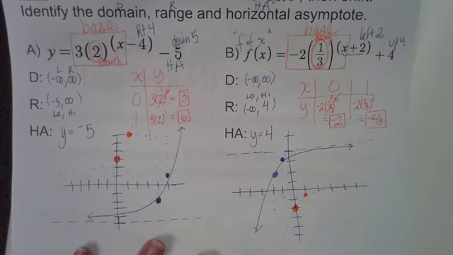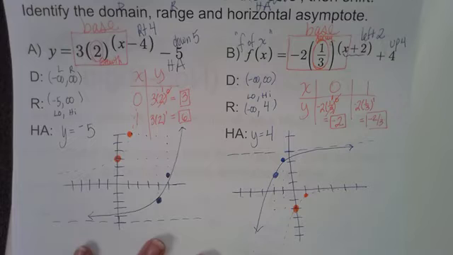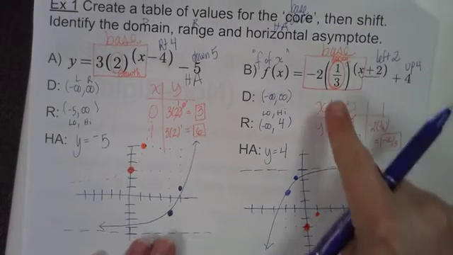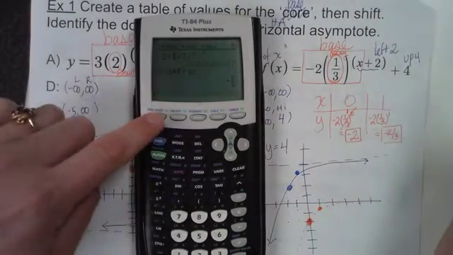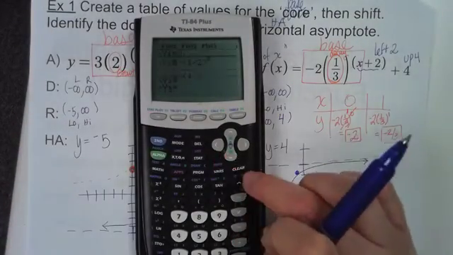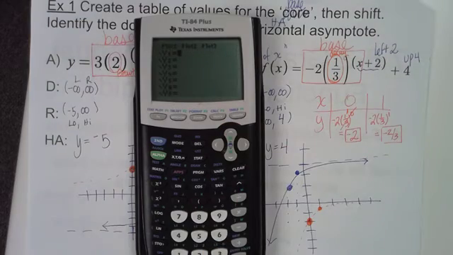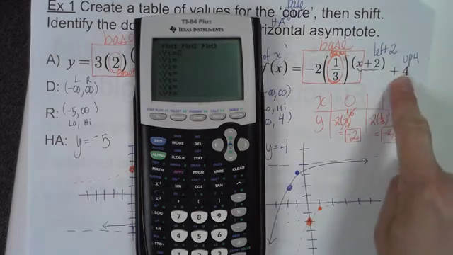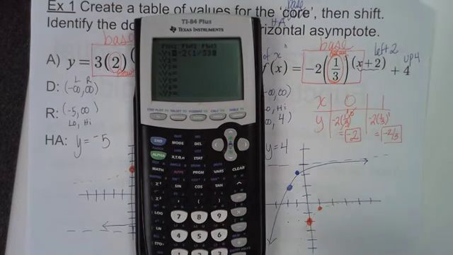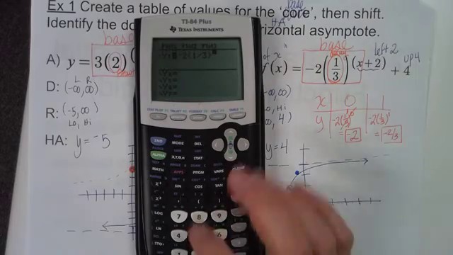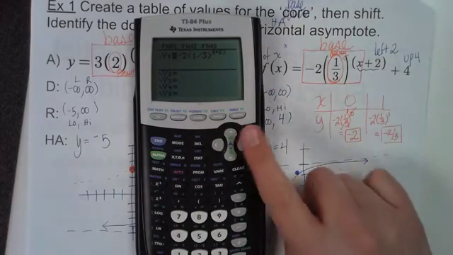All right. Do you need to do another one? No? Okay. Will you please graph this in your calculator? Since we have them out, will you go to y equals? Let's type in the entire function, negative 2 times 1/3 raised to the x plus 2.